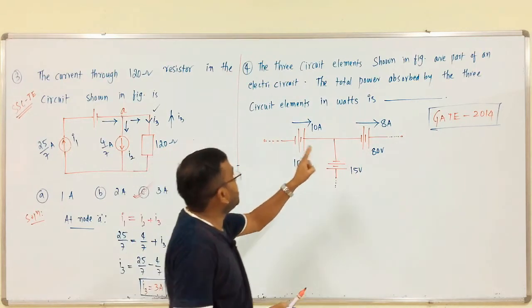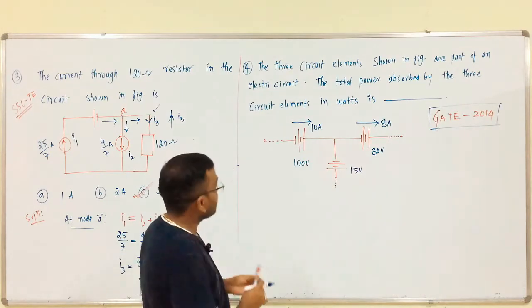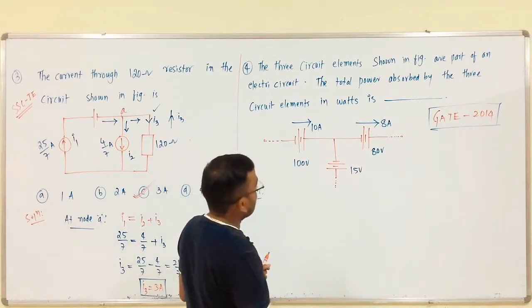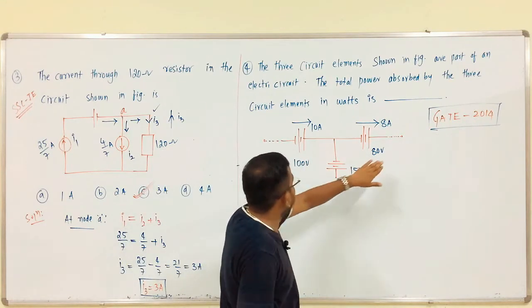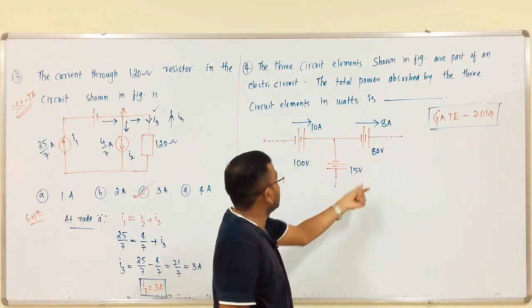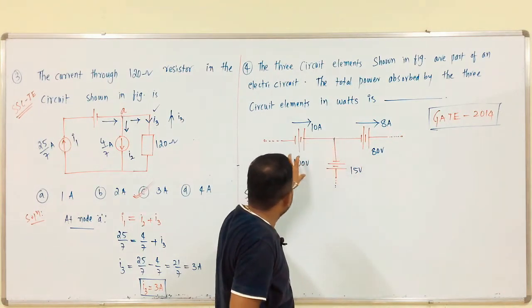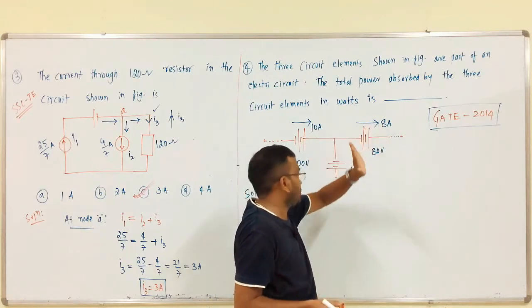The total power absorbed by the three circuit elements in watts is what? This problem is based on the application of KCL. Given a 100 volt voltage source, an 80 volt voltage source and a 15 volt voltage source at this node, the current of the 100 volt voltage source is 10 amps, and the 80 volt voltage source is 8 amps.